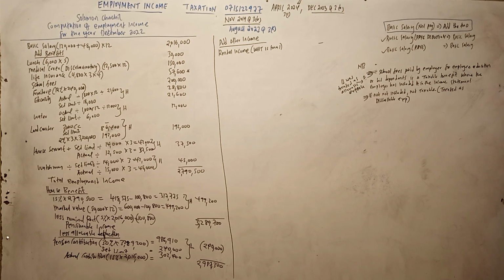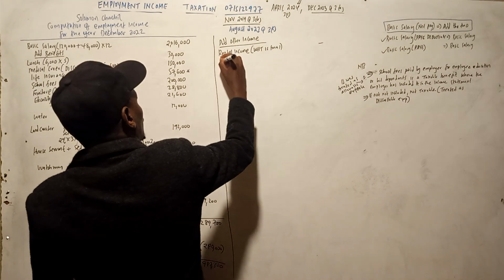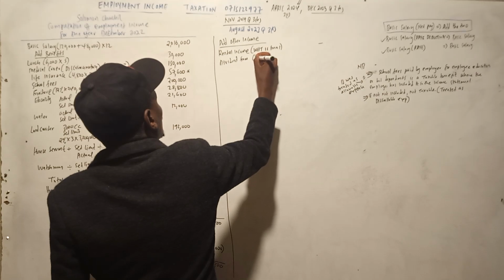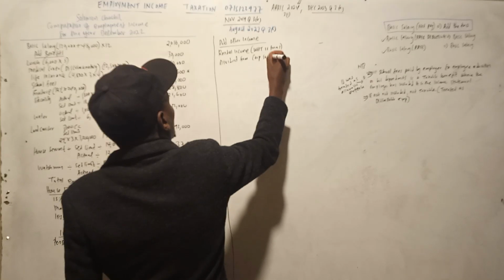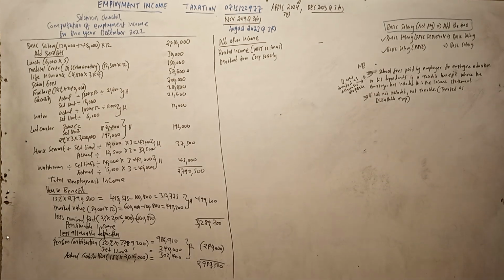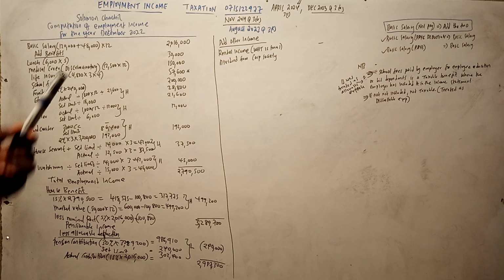Number 10, you have dividend from cooperative society, 306,000. Now remember it is net, meaning they have already deducted, but we need the gross amount.